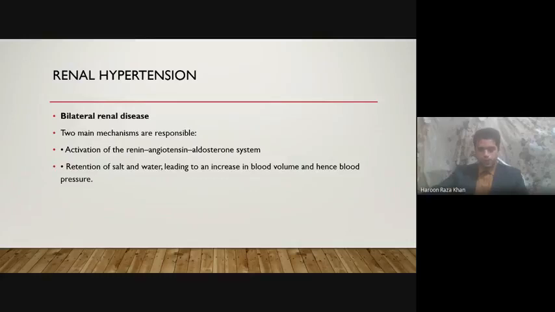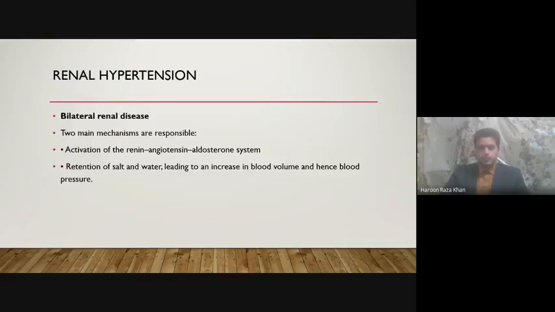So I will repeat it again. When renal blood flow is reduced, juxtaglomerular cells in the kidney convert the precursor prorenin into renin and secrete it into circulation.